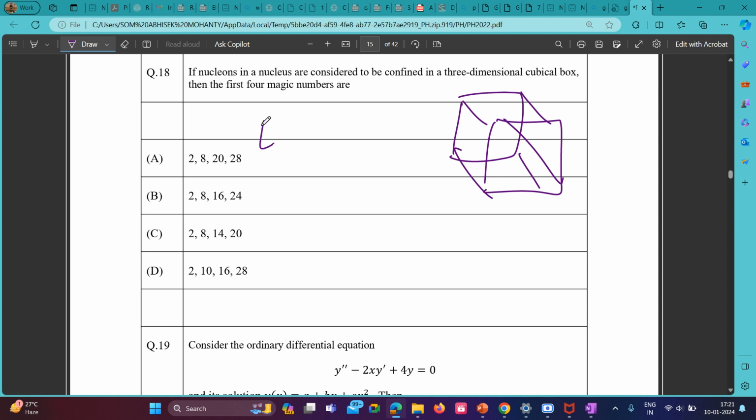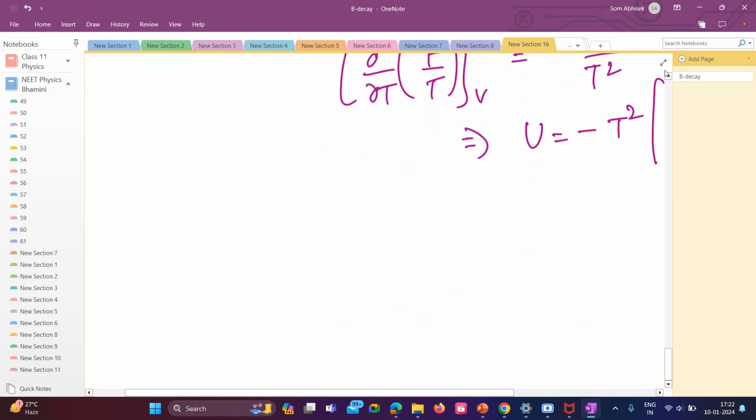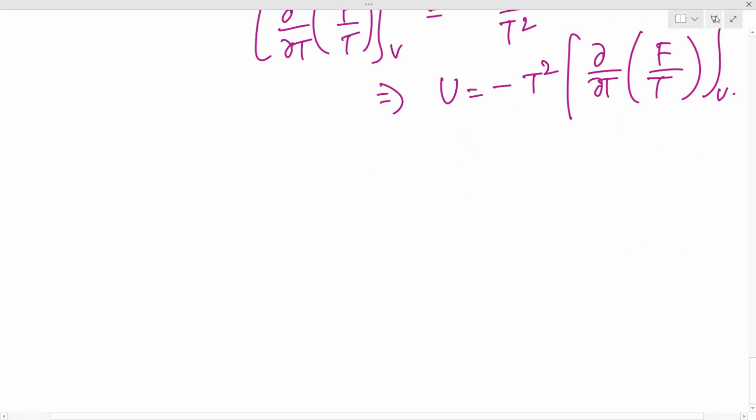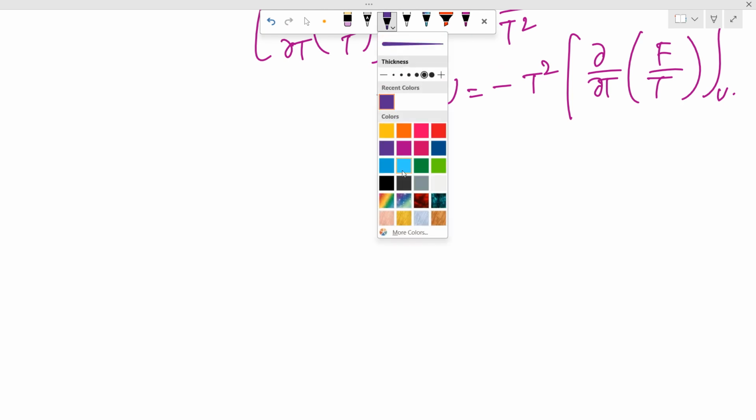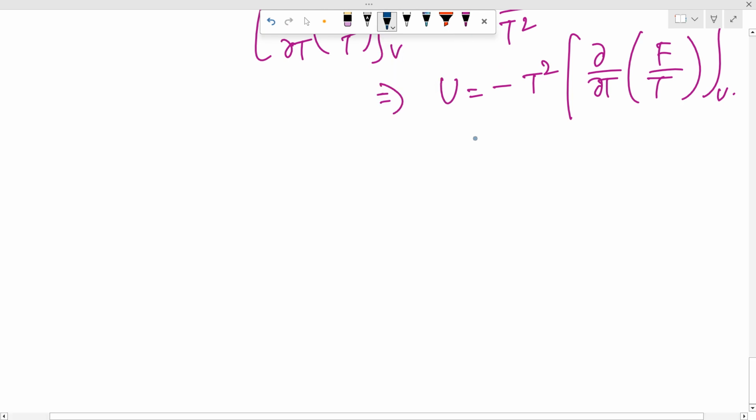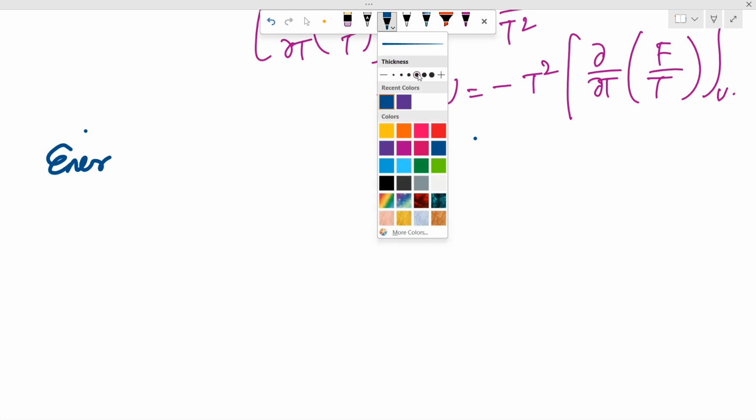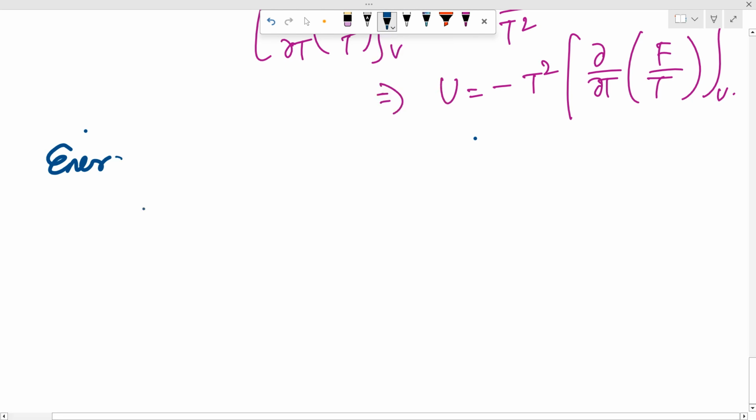So energy is what? Let me do it differently. Energy in a cubical box.